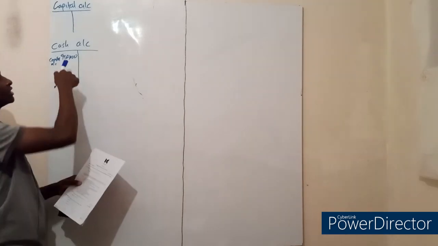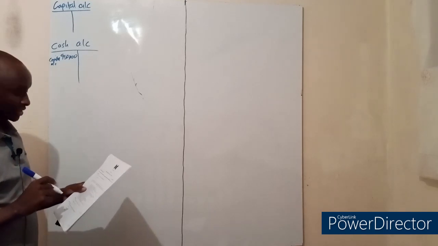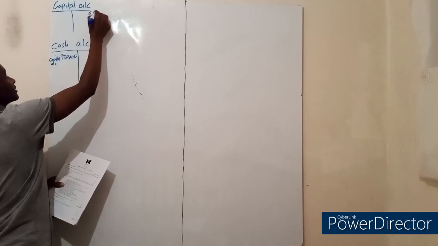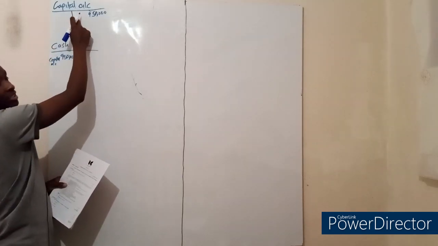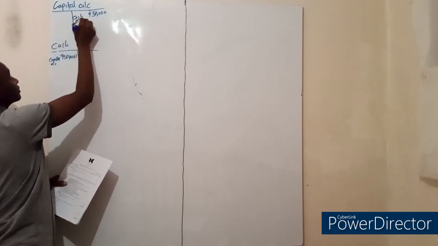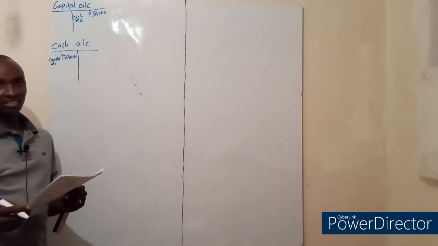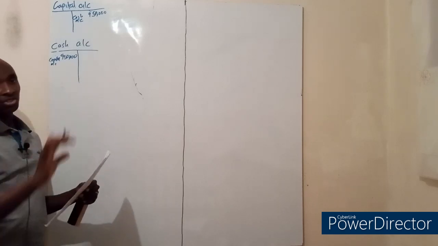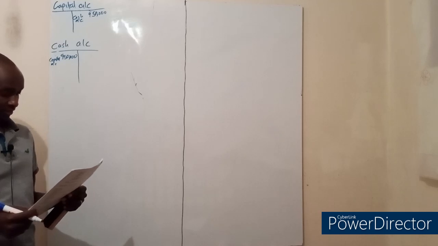We said every debit entry in one account must be followed by a corresponding credit entry in another account. So here you write 950,000, but what are you going to write here as narration? Cash account. I want to believe we're understanding that, right? So going forward, I will not be writing all these narrations, but I'll just be showing the figures. So let's move on to the next transaction.